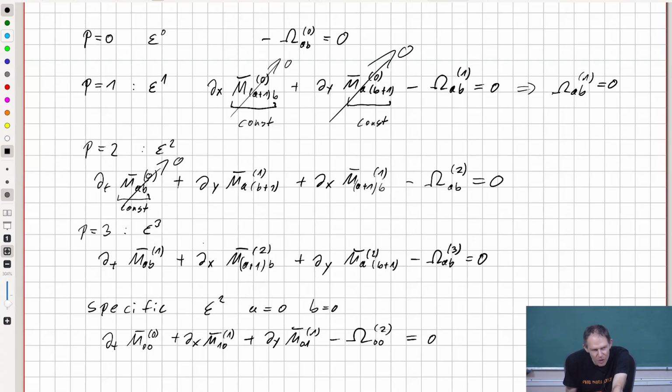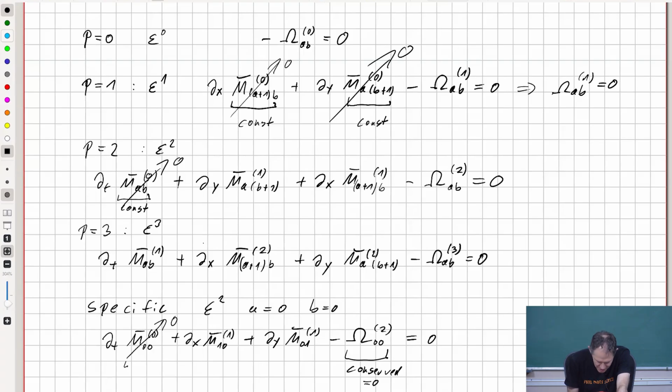So the 0 order moment is the mass moment, and this is conserved. So if it's conserved, then the collision of this is obviously 0. So this is 0. Also, this is a derivative of a moment at 0 order, so this is constant.